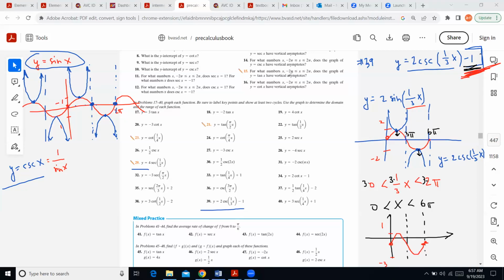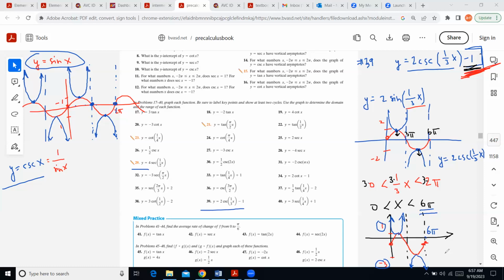So my cosecant that I automatically hang here on the top and on the bottom will be right there. And the whole point is to clearly show the period of 6 pi and also where it's in between -3 and +1.